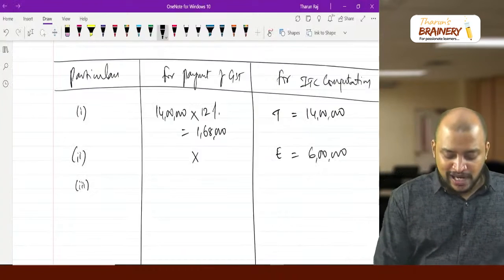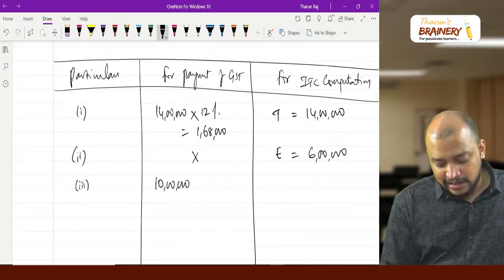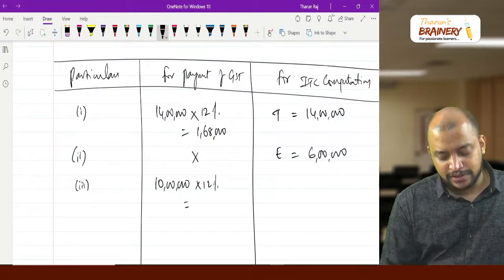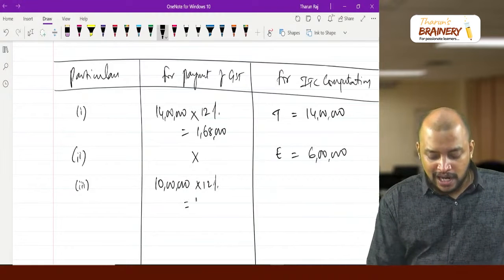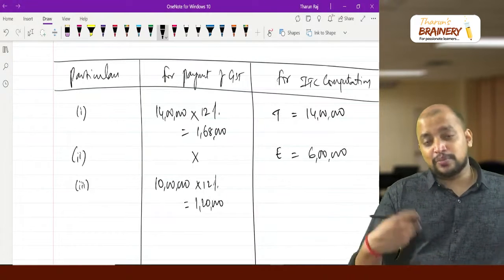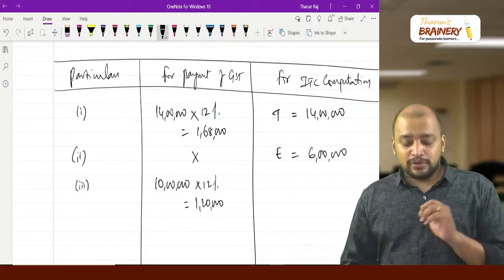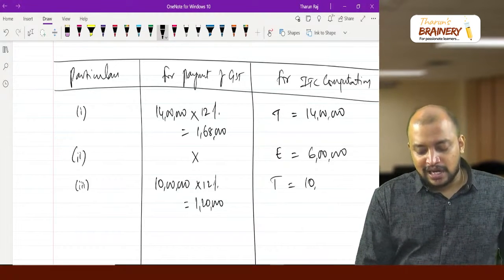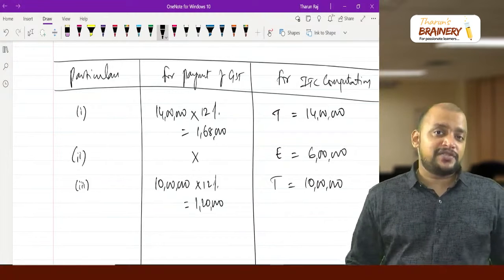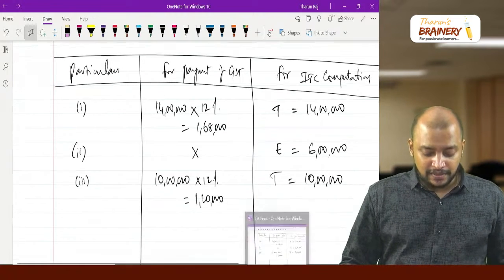On that we need to pay GST. So 10 lakhs into 12% is 1,20,000. For ITC computation, it will be treated as taxable, 10 lakhs. Even for payment of GST it is taxable, and ITC also taxable.